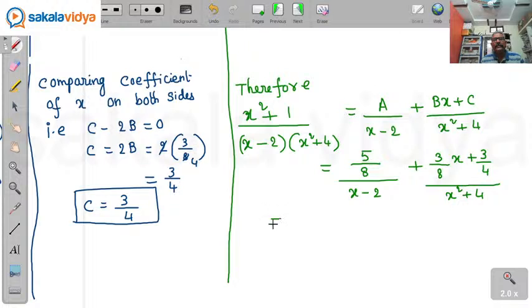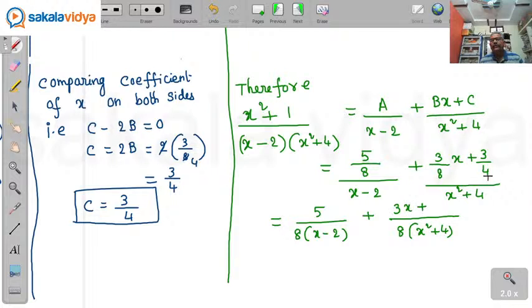This equals 5 upon 8 times x minus 2 plus, here 8 is the LCM, so you will be getting 8 times x square plus 4. 8 is the LCM for only this one, 3x you will be getting, plus 4 times 2, 2 into 3, 6, 3x plus 6. So these are the partial fractions. I hope you might have understood this one.